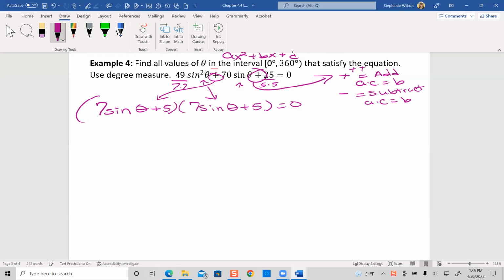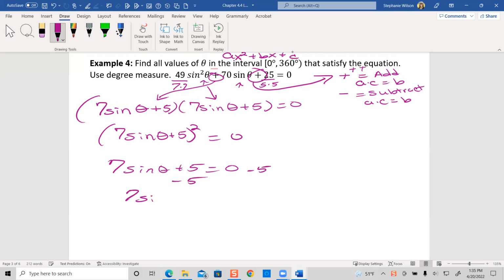Now that I notice these parentheses are just alike, what I can do is take that 7 sine theta plus 5 and square it. And now once I've squared it, I can take what's inside it, that 7 sine theta plus that 5, and let's solve.